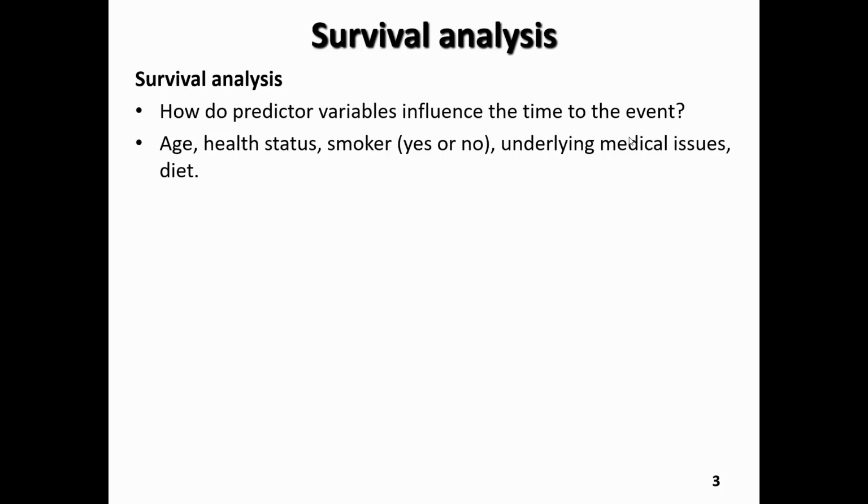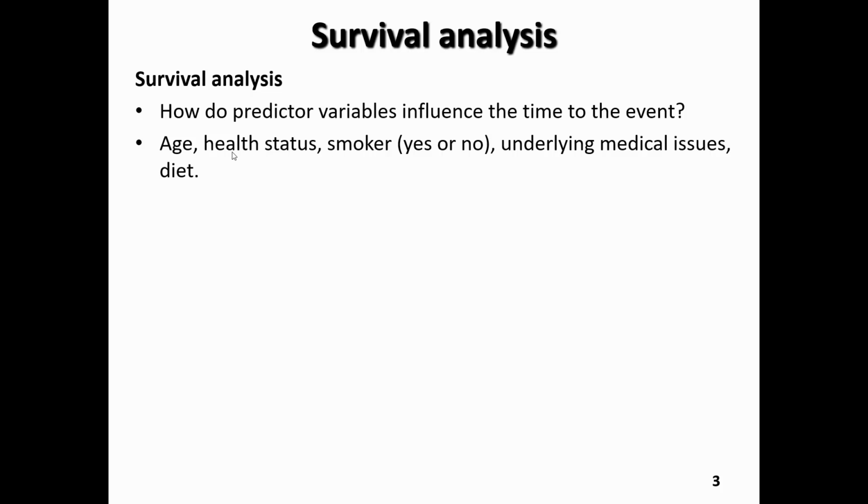And so some examples of these predictor variables include age. So if a person starts a treatment or is diagnosed with a disease, is the survival of that person going to be a function of age? So are younger people more likely to survive a longer time than older individuals?